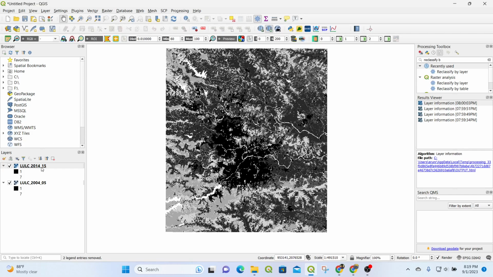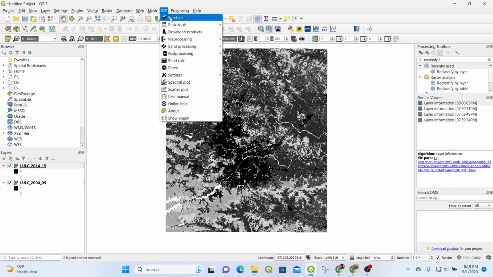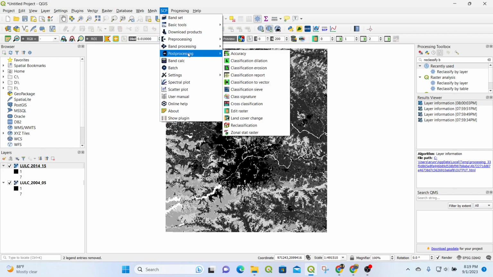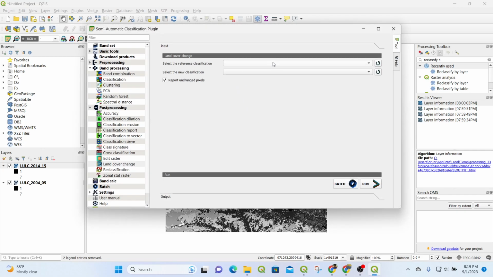So to do the change detection, you go to the SCP tool, go to post processing, and if you see land cover change, that is the change detection. Your reference classification is the old data 2004-2005, and your new classification is the data after 10 years.